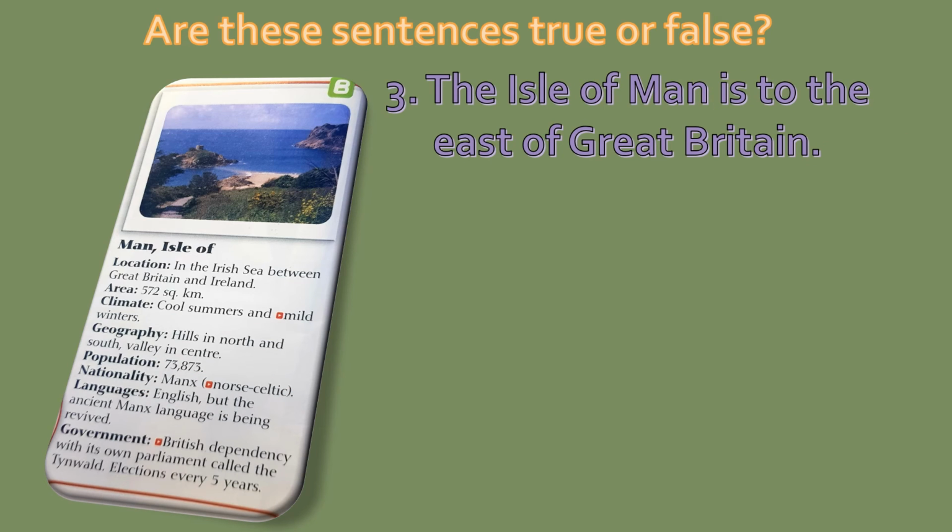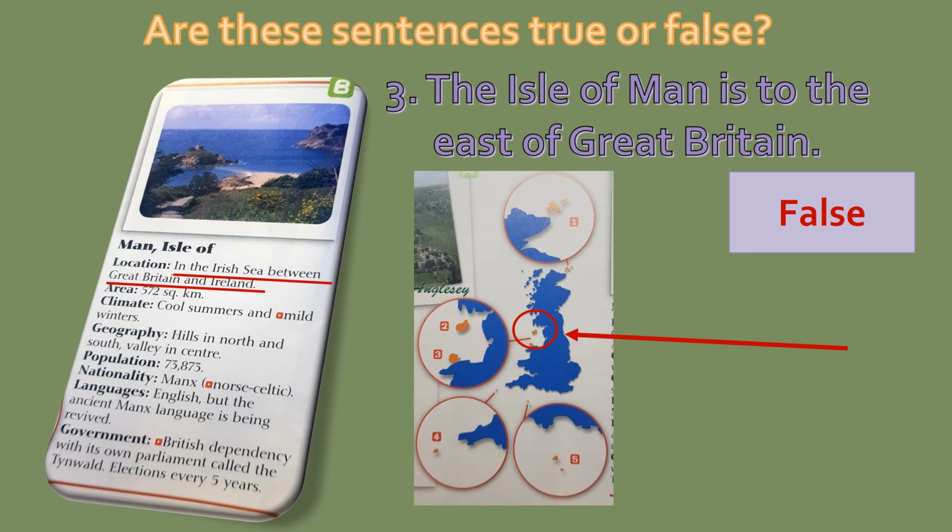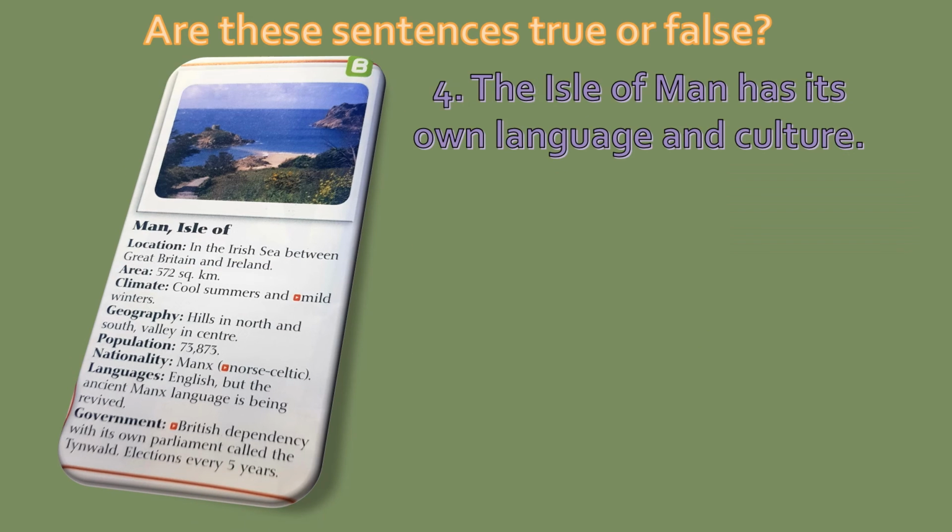Let's find out if Isle of Man is to the east of Great Britain. Read this information in text B. The answer is false, because the Isle of Man is in the Irish Sea, between Great Britain and Ireland. It's to the west. The Isle of Man has its own language and culture.